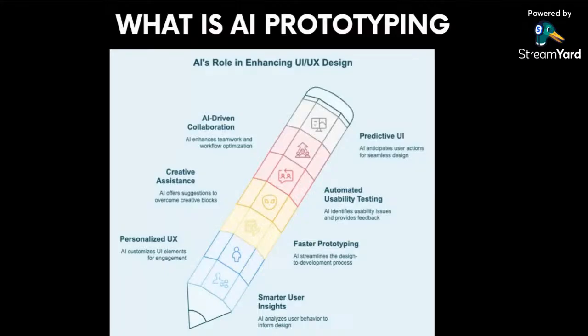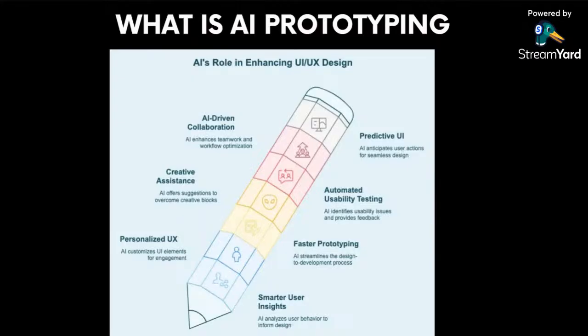And yeah, faster prototyping. AI streamlines the design to development process. AI can do everything from designing to the development of your product, full front end and back end combined. Personalized UX. AI customizes UI elements for engagement. You can give AI the task, make my website similar to my idea of putting a blue and golden design, and it should be a representation of yourself.